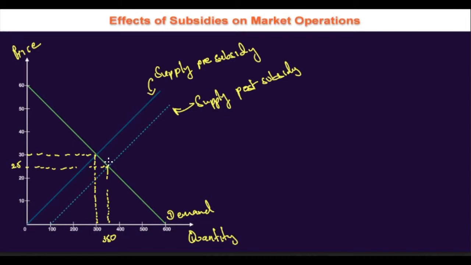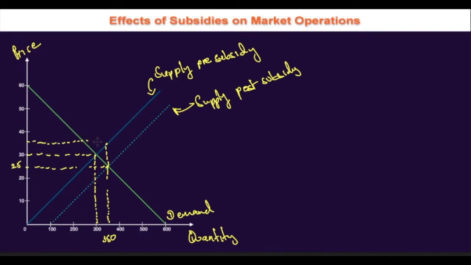So now let's try to explain the consumer surplus, the producer surplus, the social welfare, the well-being, and also the deadweight loss. Here, as you can see, the price has decreased from 30 to 25. However, the producers actually receive, at this quantity 350, 35 rupees because the government is paying the extra 10 rupees because of the subsidies.